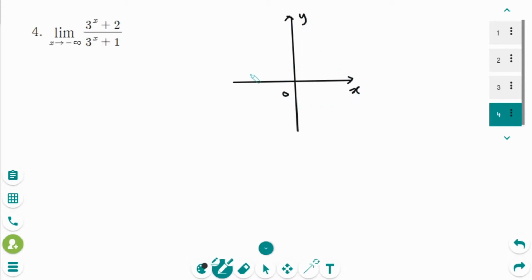The graph is like this. This is a very rough graph. This is 1. So if x approaches minus infinity, decreasing and decreasing, it goes to 0. So the answer equals 0.